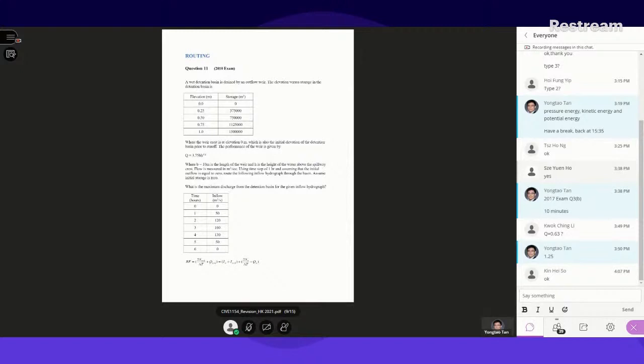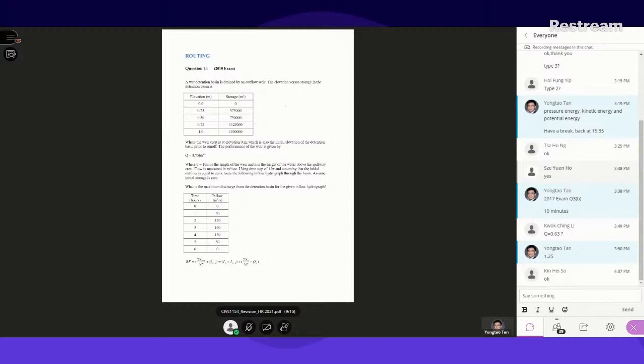You can see this is a detention basin with an outflow weir. The stage and storage relation is shown here, the discharge and the stage are shown here, and the inflow hydrograph is given.